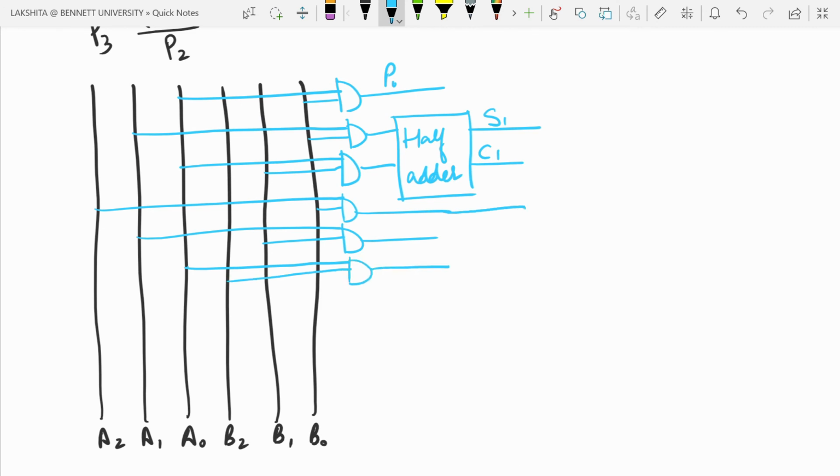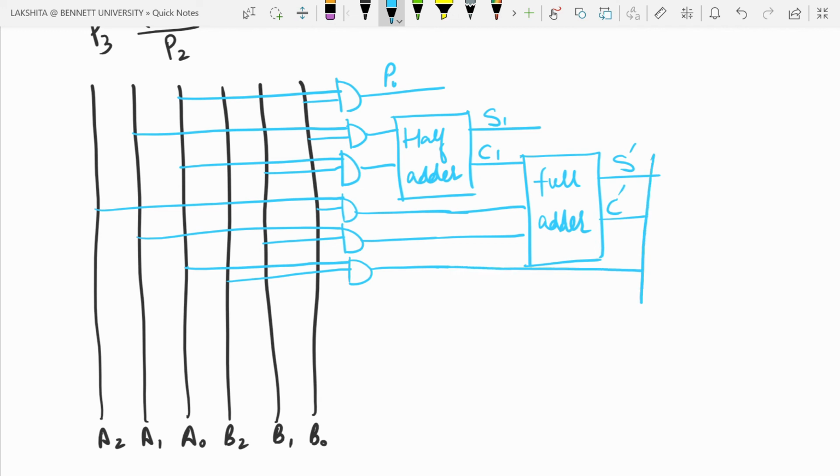Now we will add the C1 with A2 B0 and A1 B1 using a full adder. Here the sum is our S dash and the carry is C dash. We'll take S dash, C dash and A0 B2 and add them using a full adder again. Now we'll get our S2 and C2.